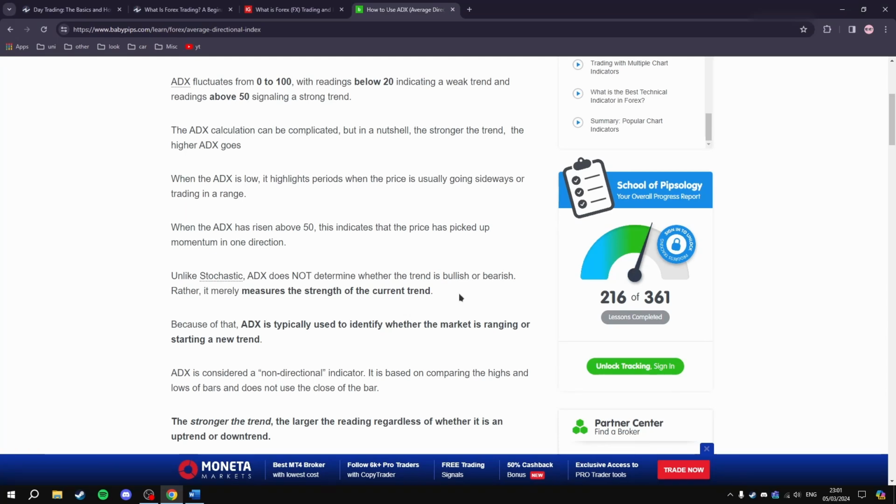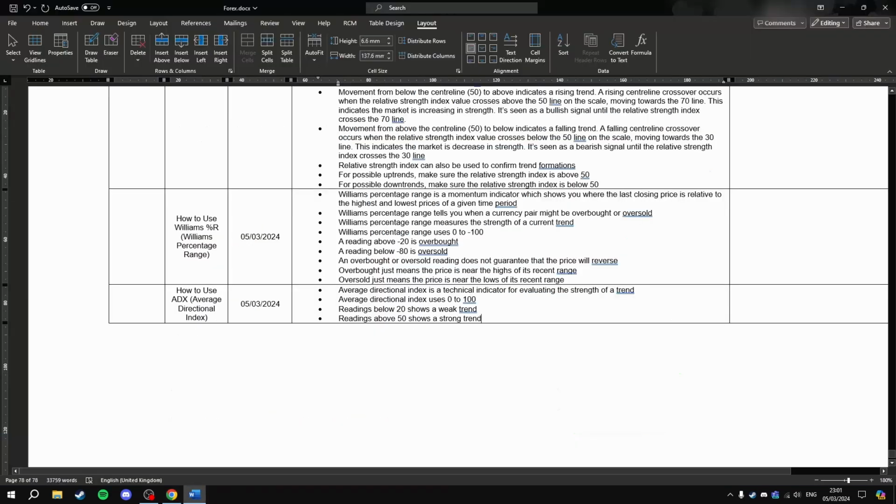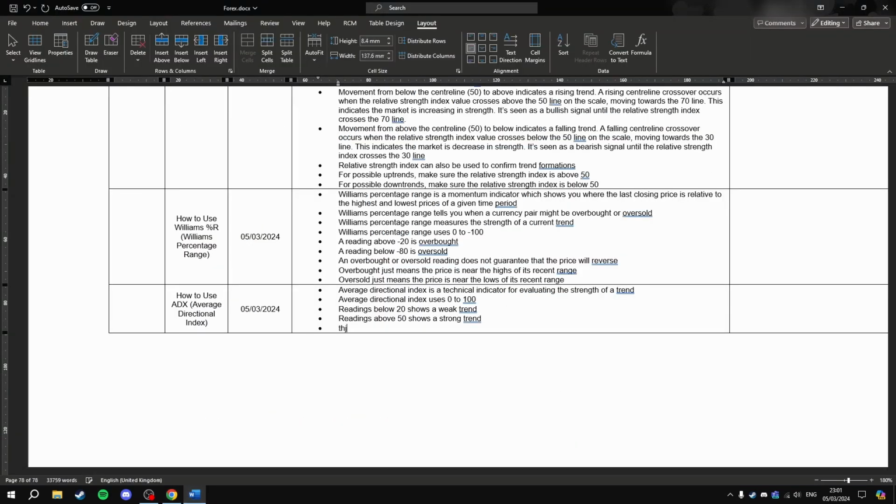Okay. The ADX calculation can be complicated, but in a nutshell, the stronger the trend, the higher the ADX goes.